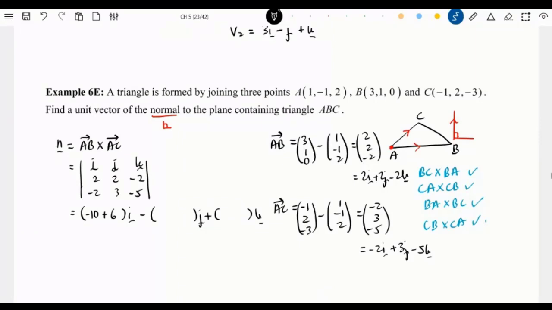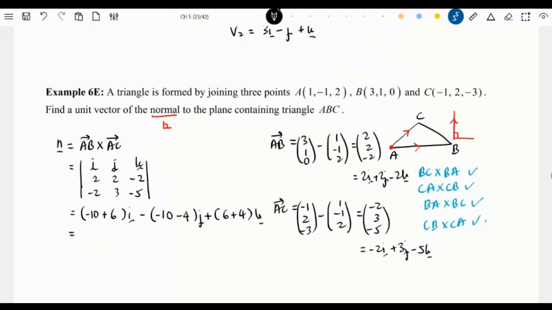For the j, negative 10 plus 4. Plus or minus? Negative 2 times negative 2 is positive 4, so it will be negative 4 here. Okay, for the k, 6 plus 4. Okay, so what do we get?